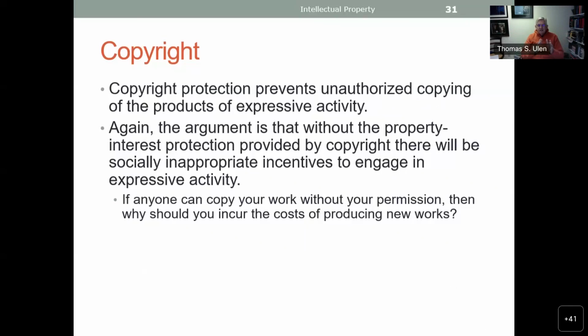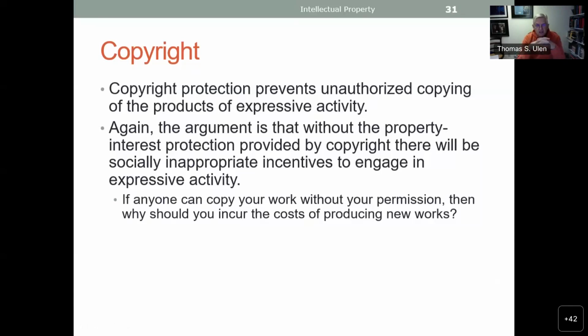Initially, around the year 1790 in the United States, copyright was only good for 14 years. Then it was initially 14 years, but you could renew it for another 14 years. And then in the 1960s and 70s and 80s, judges and the Congress decided copyright should be longer. So today it's the author's life plus 70 years.